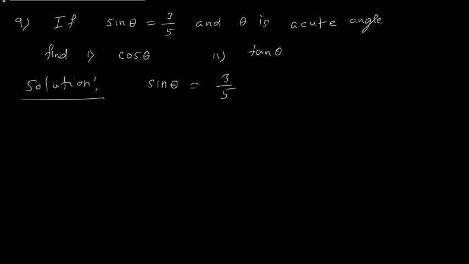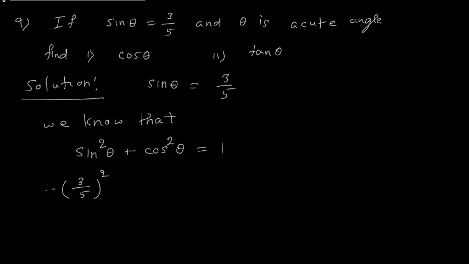Now we know that sin square theta plus cos square theta is 1. Therefore 3 upon 5 square plus cos square theta is equal to 1. Therefore 3 3s are 9 upon 5 5s are 25 plus cos square theta is equal to 1.